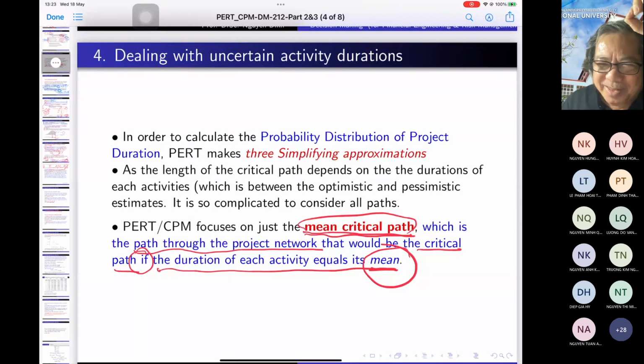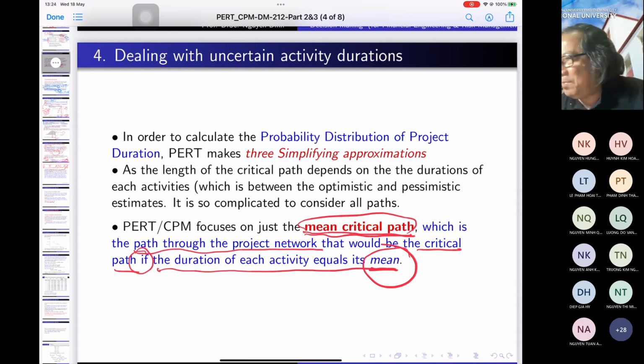Critical path is a path connecting the node start to the node finish. And the duration of each node, you can write to the arc, and you can consider it as like a cost, or the length of this arc, like the distance from this node to another node.